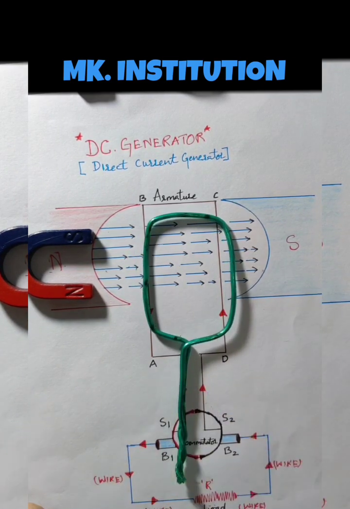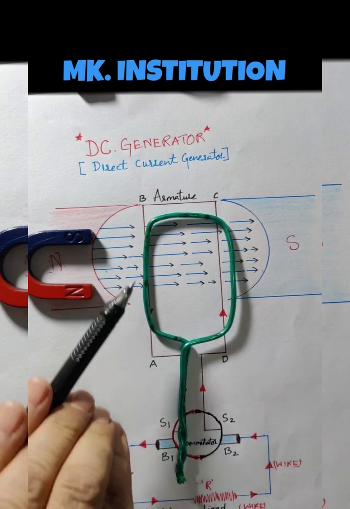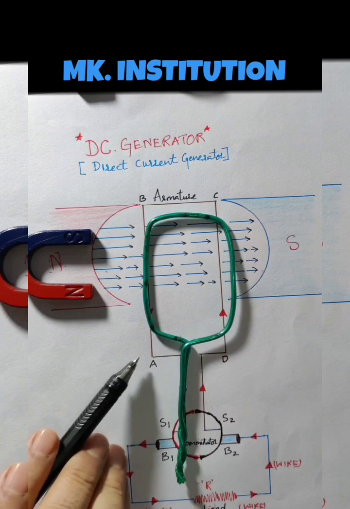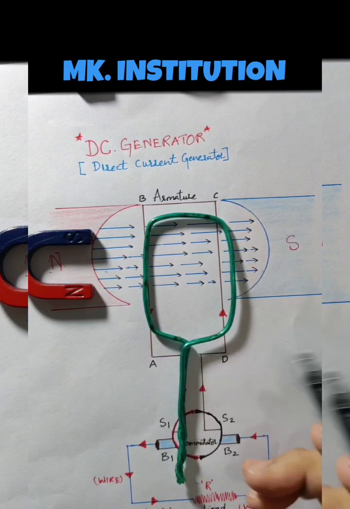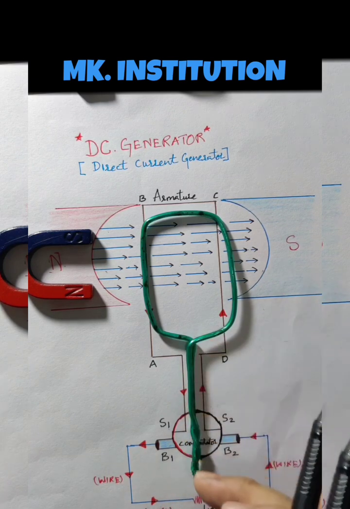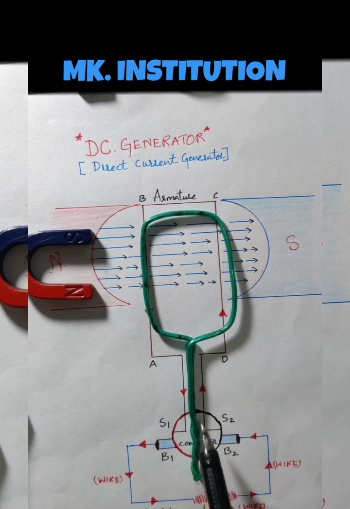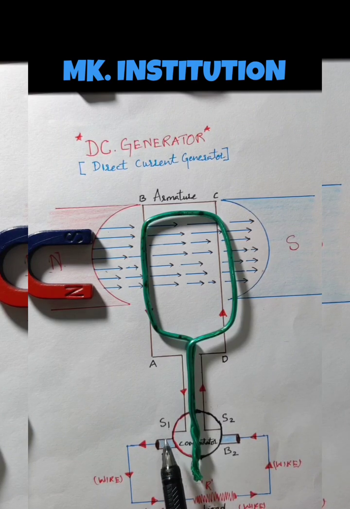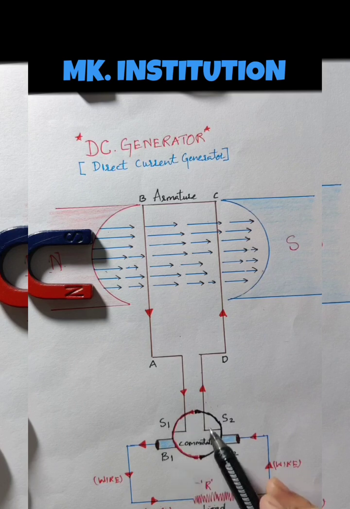For this armature, we are giving the names A, B, C, D to the corners, 1, 2, 3, 4. This armature is entering here, and one of the wires is connected to S2 and S1. This is a direct current here, so we have the commutators.